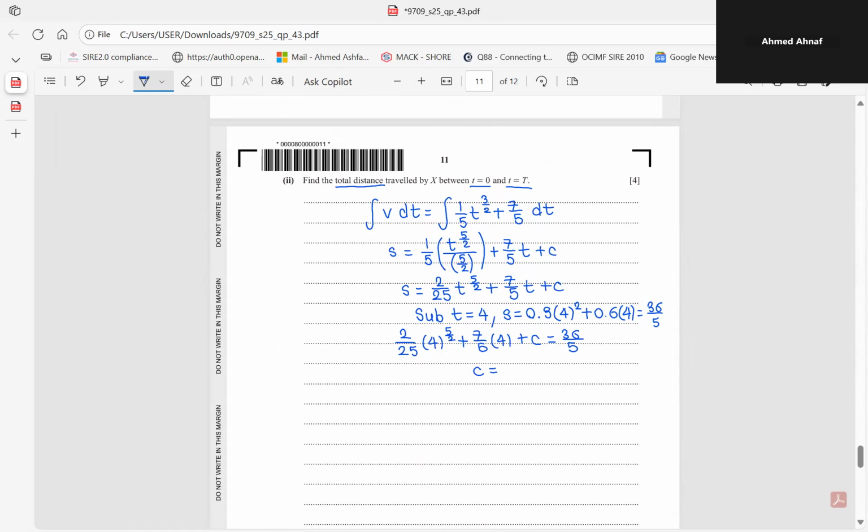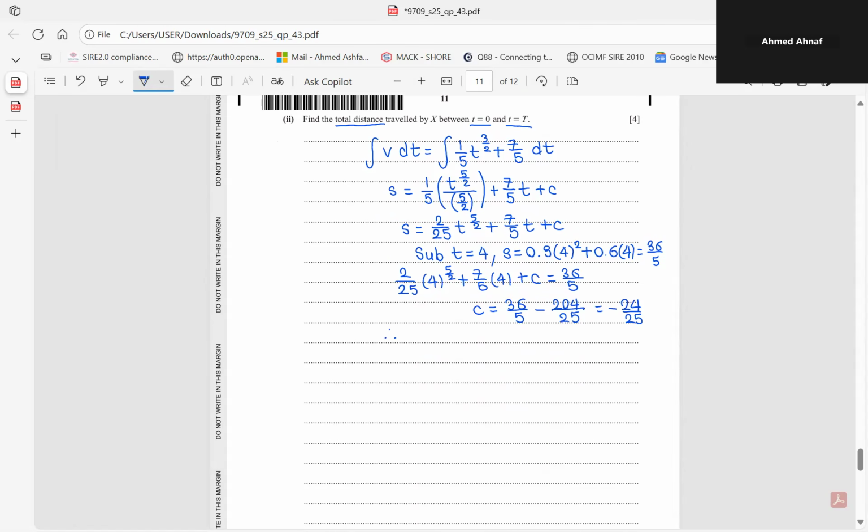And c would be equal to 36 over 5 minus 2 over 25 times 4 to the power of 5 over 2 plus 7 over 5 times 4. That's equal to 204 over 25, so you minus that. You will get minus 24 over 25.